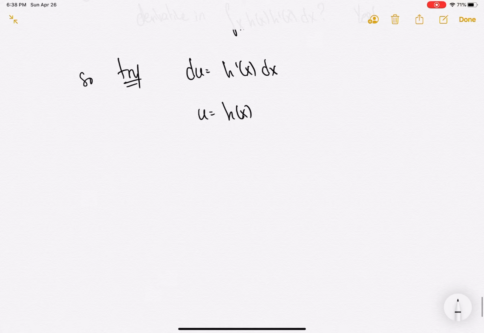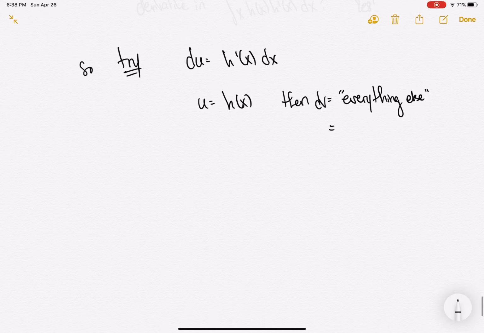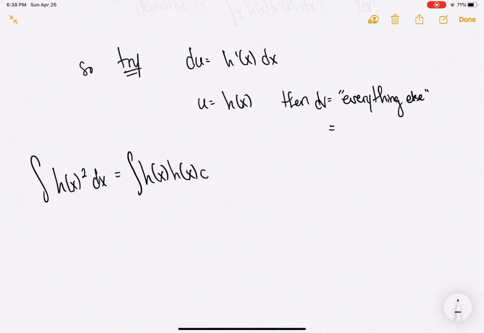If u equals h of x, then dv equals everything else, which in this case, since the integral we're looking at is h of x squared dx, this is h of x dx.